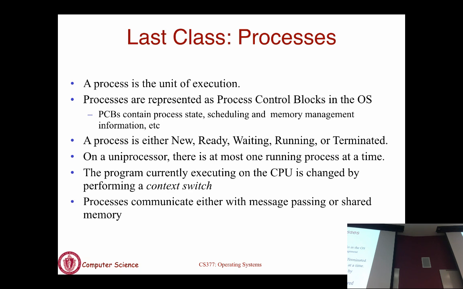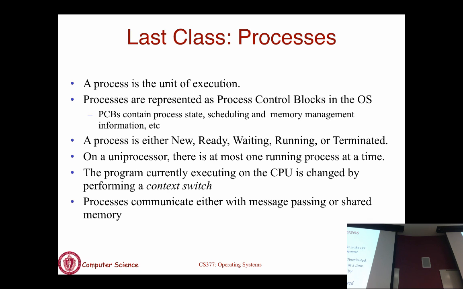For every process that is active in the system, there is a process control block entry that tracks everything the OS needs to know about that process, okay? Which would include the process state, memory management information, scheduling information, and open files that the process has and whatnot. Okay? We talked about process states, that they could go all the way from new, ready, waiting, running to terminated. You did some exercises in the discussion section on this.